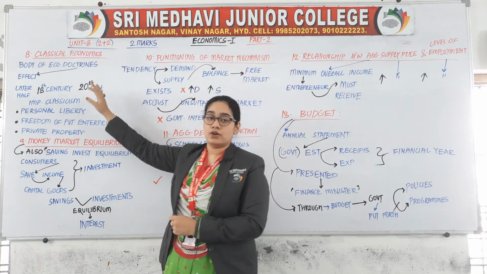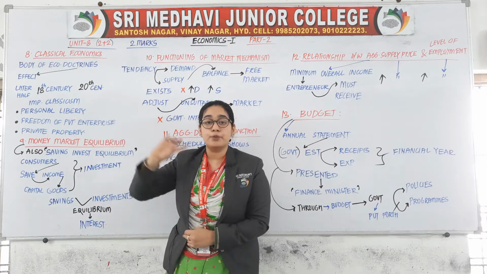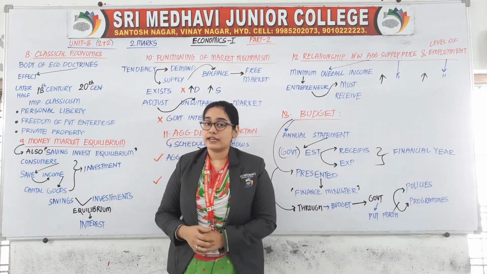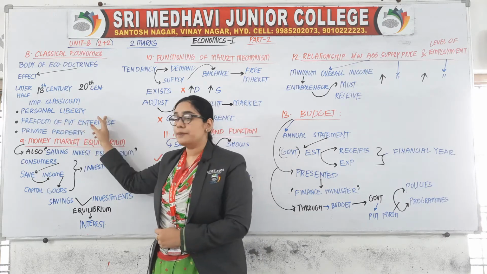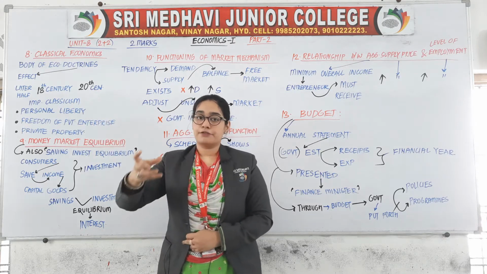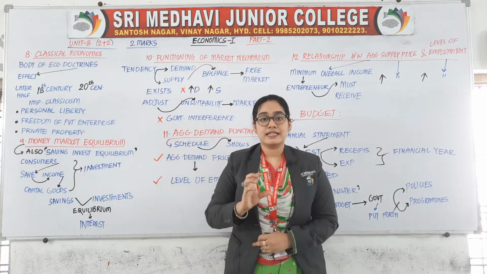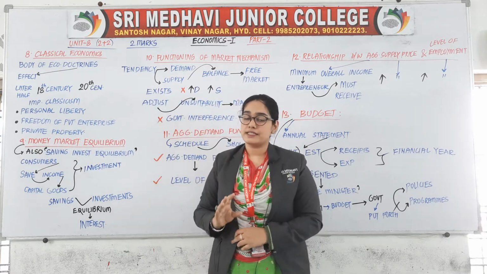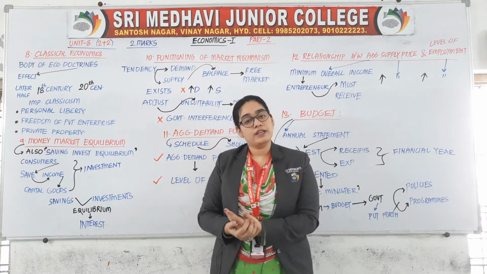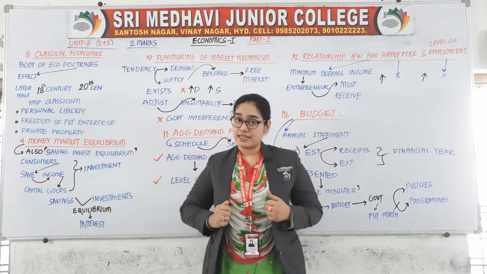The important properties of classicism are personal liberty. Liberty is nothing but you must get all the freedom and rights. Then freedom of private enterprise. Enterprise means a company or any business, so freedom for private enterprises must be given.